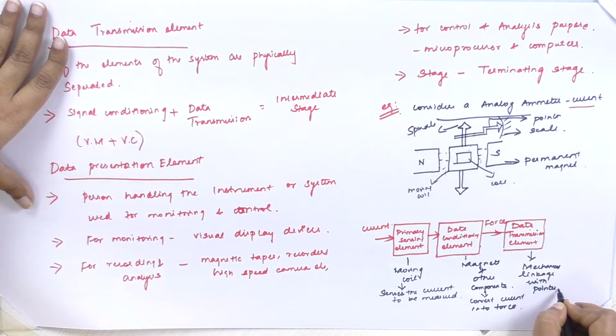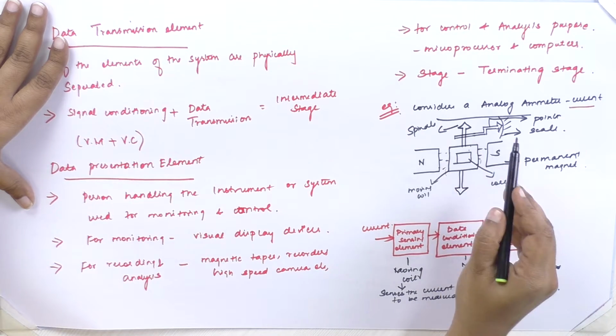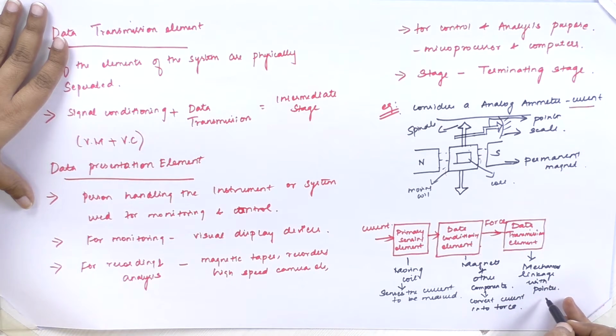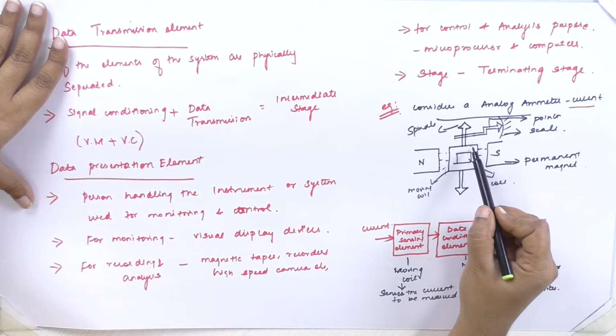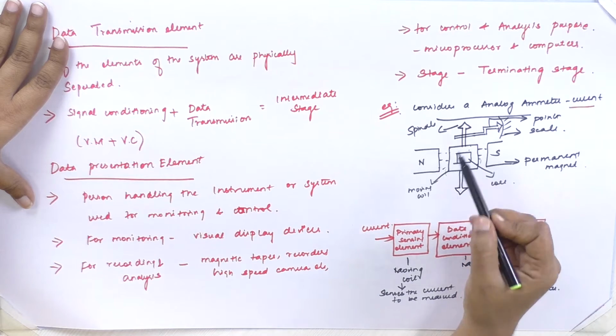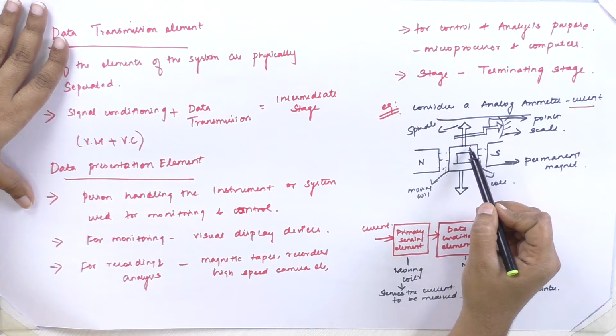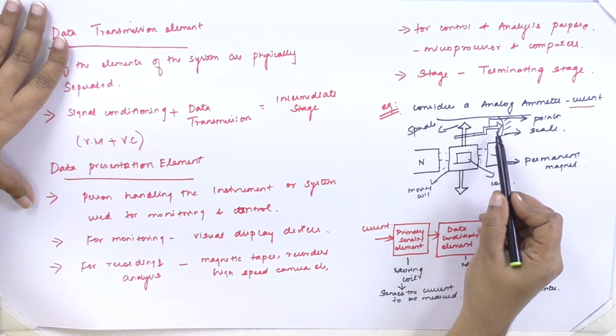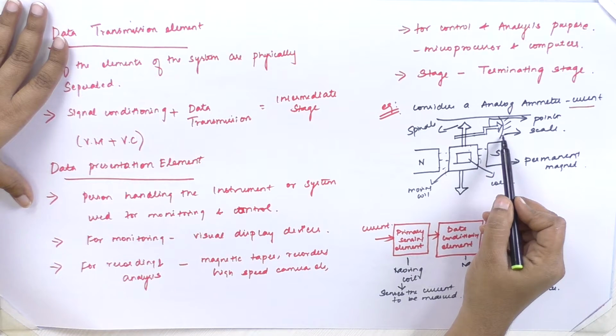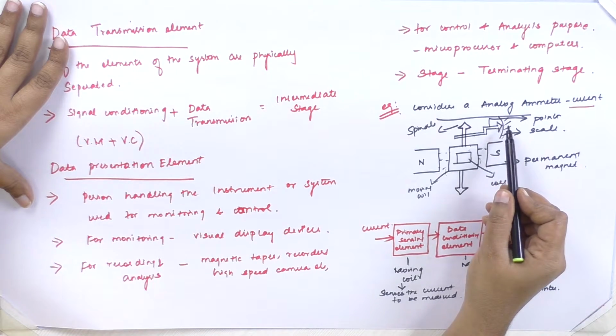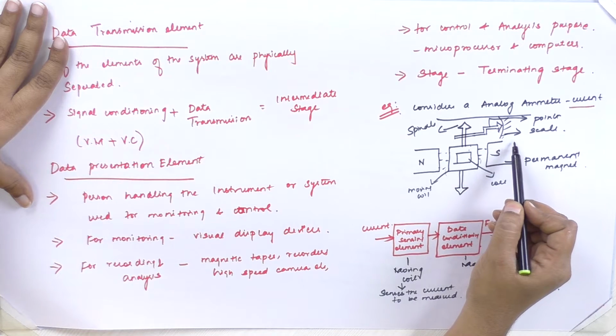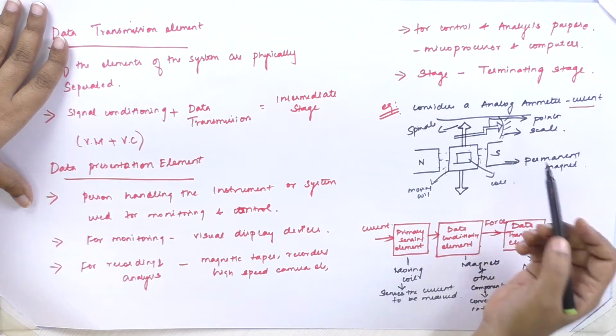It is nothing but the spindle which is connected with the coil and the pointer. That mechanical linkage acts as a data transmission element which transfers the force to the pointer. What happens now? This force transmitted to the pointer makes the pointer move over the graduated scale. So, we can present the data which is sensed or measured.